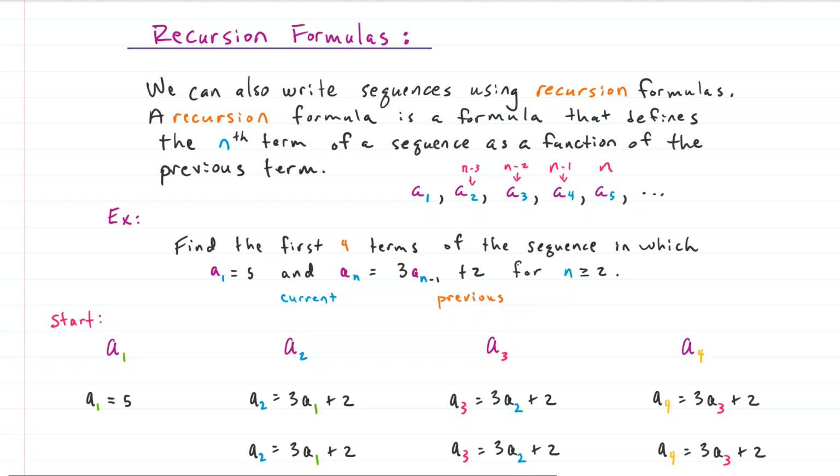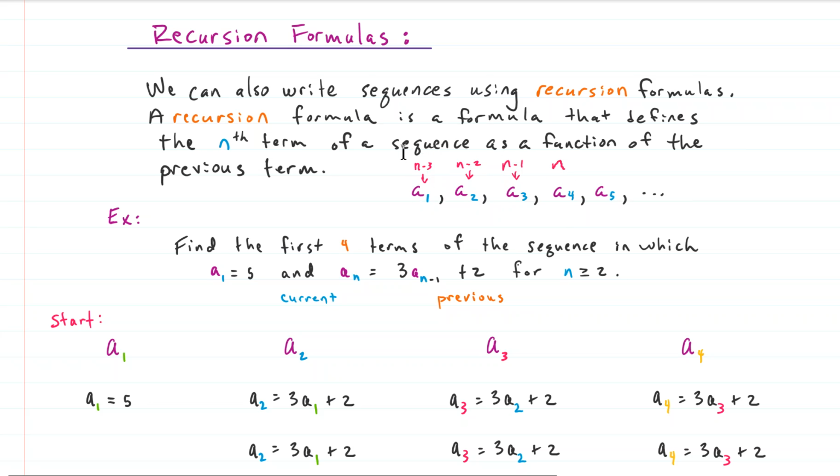So whatever n is, you could back up by doing n minus 1. That would back up 1 step. You can back up 2 steps by n minus 2, back up 3 steps by n minus 3, and so on. And the cool thing is, what if I change this? What if I said n happened to be 4? Then my n minus 1 would be 3, my n minus 2 would be 2, and my n minus 3 would be 1, and so on.